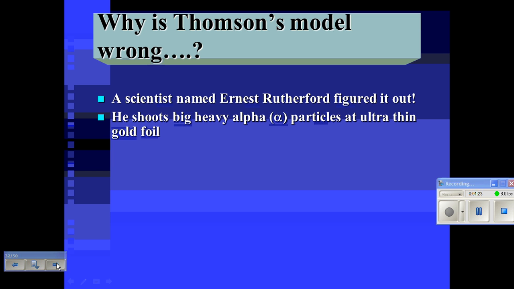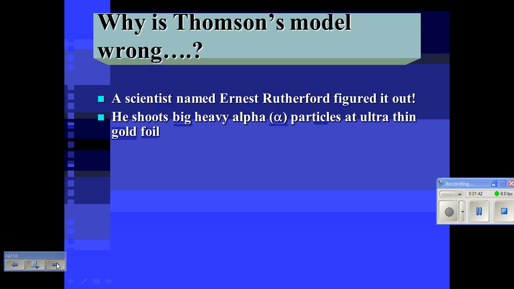Again, they thought that the atom was a solid pudding type material, and so when he shot these alpha particles at it, when it comes up to a positive and positive, it should just repel.